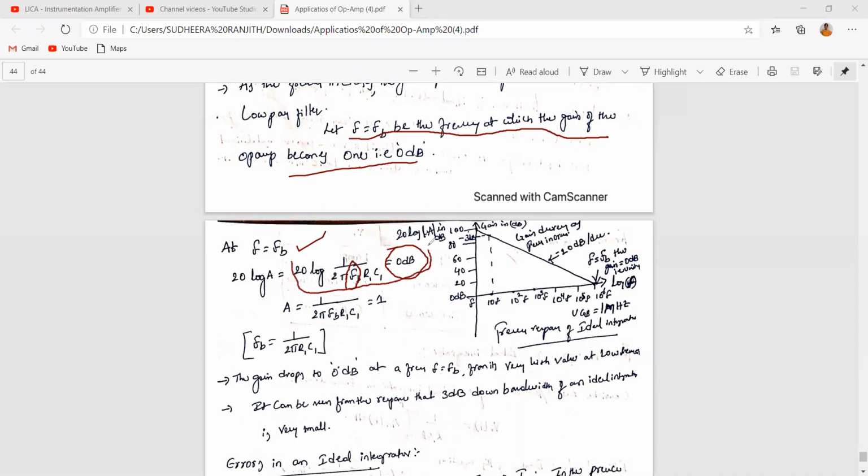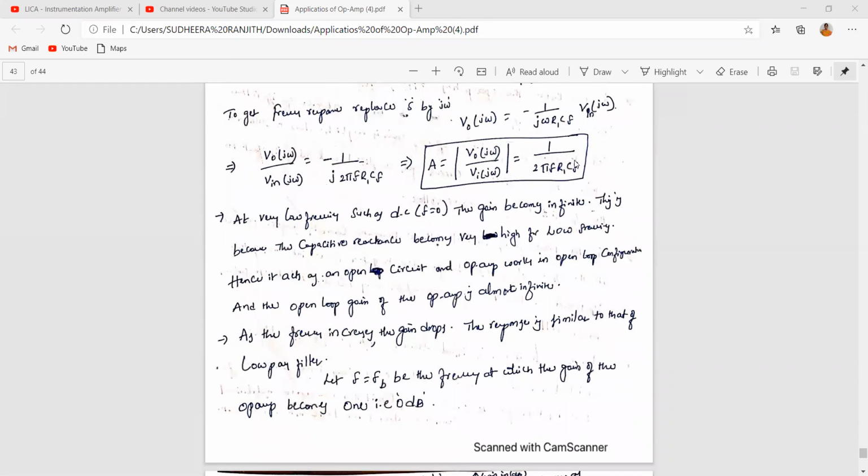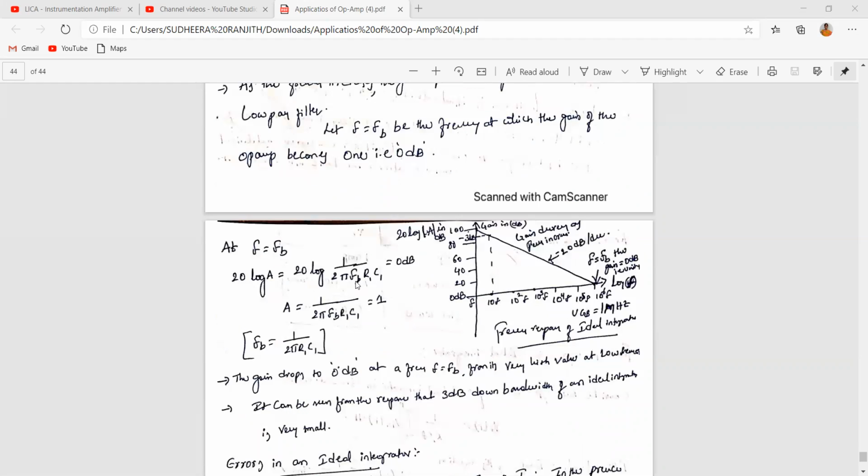That's why I'm equating this: dB means 20 log A. What did we get for A in the analysis earlier? A is 1 by 2 pi f R1 Cf. So at f equal to fb, it is 1 by 2 pi fb R1 Cf. So 20 log of 1 by 2 pi fb R1, sorry, this one is f. Wait a minute.